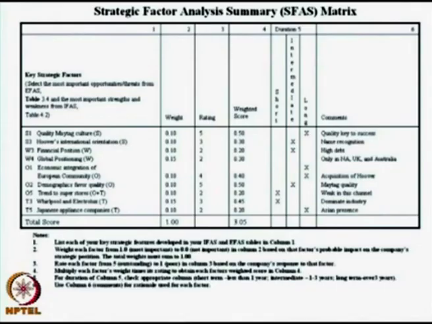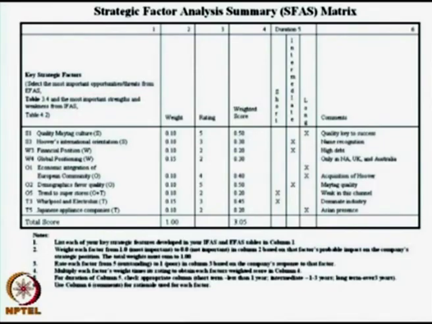Now, taking these important factors, you are listing different strengths, weaknesses, opportunities and threats, still holding the weight at 1, and the rating of the firm again on the Likert scale from 1 to 5, that is from poor to excellent.